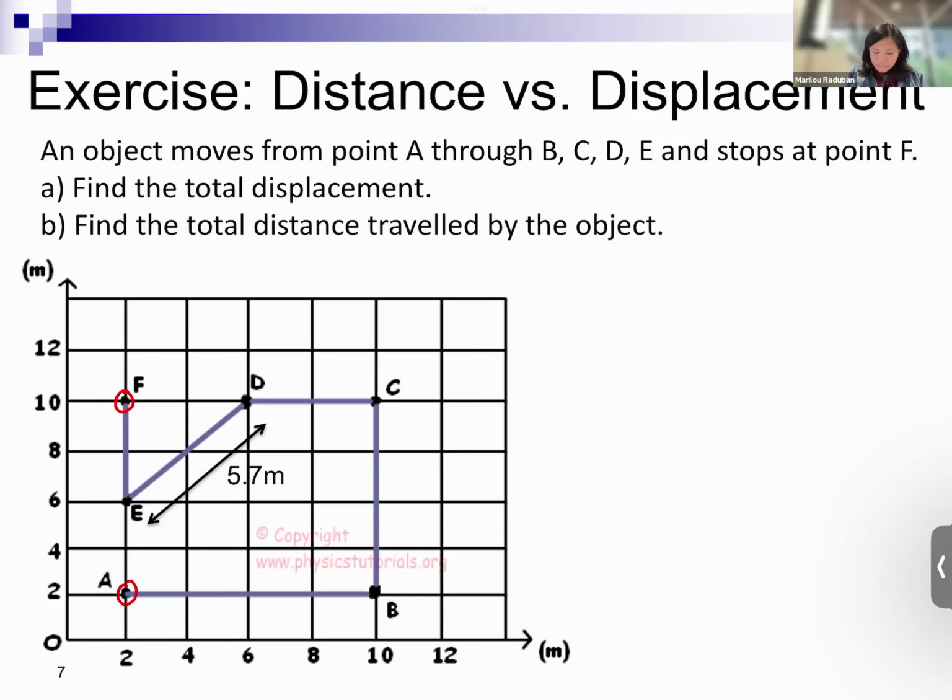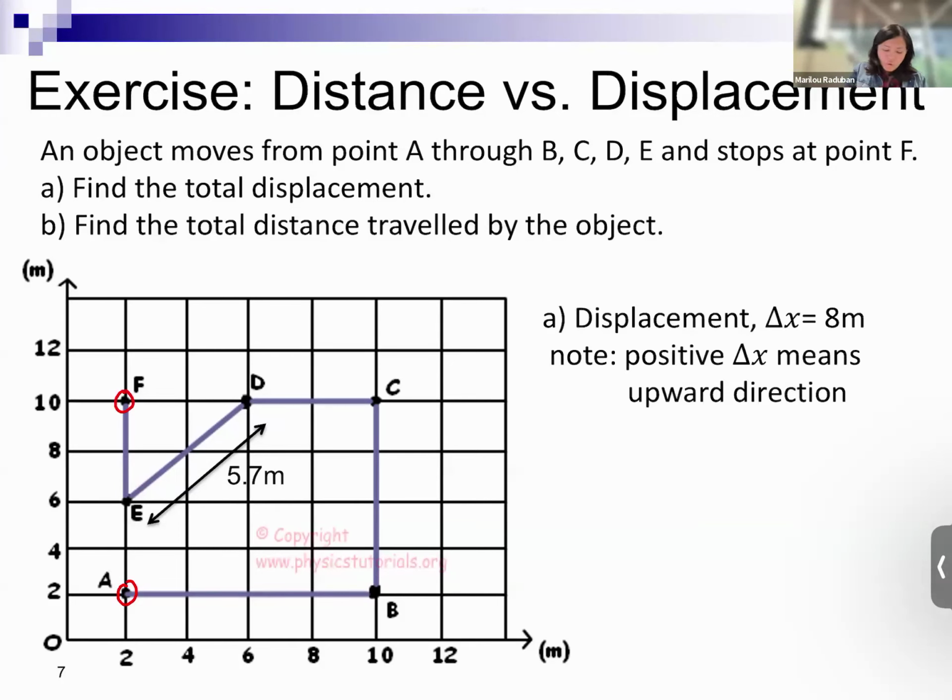Right? So displacement, you're only concerned about the final position F, which is at 10 meters as shown on the y-axis scale. Y-axis scale is measured in meters. So 10 meters, take away the original position, which is 2 meters, and therefore the displacement is 8 meters.